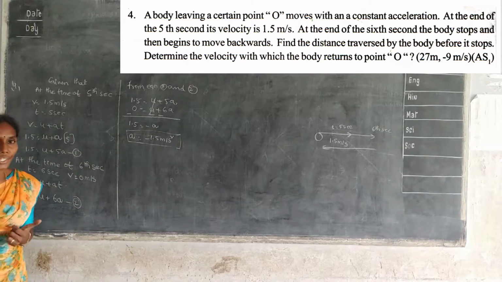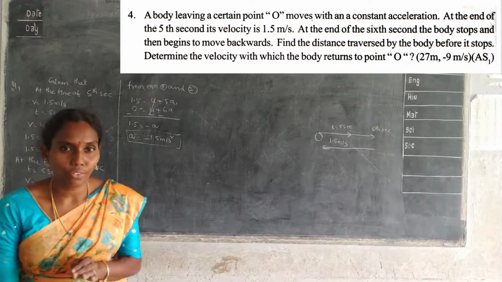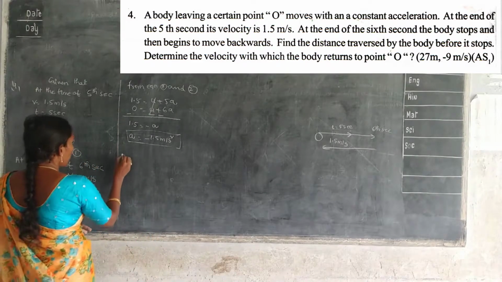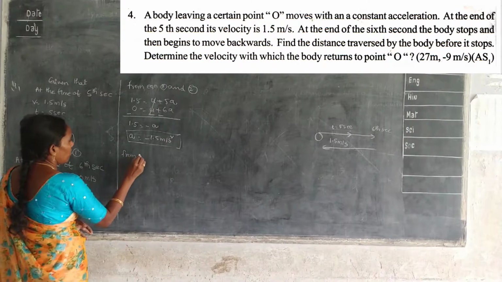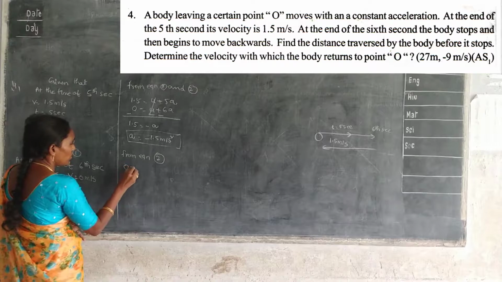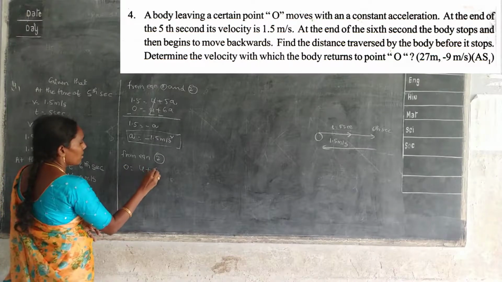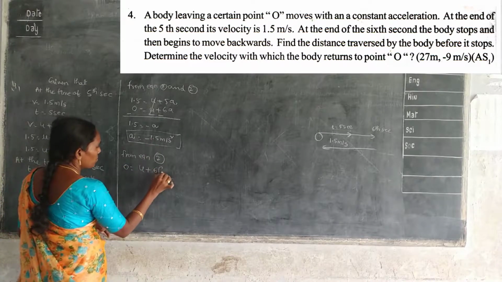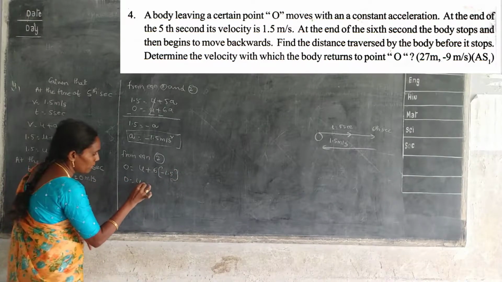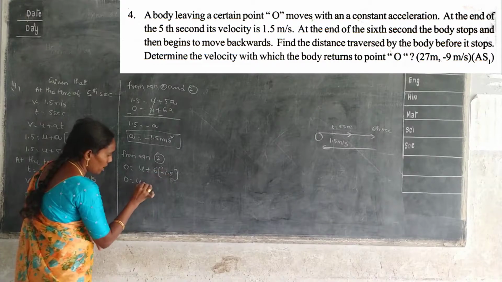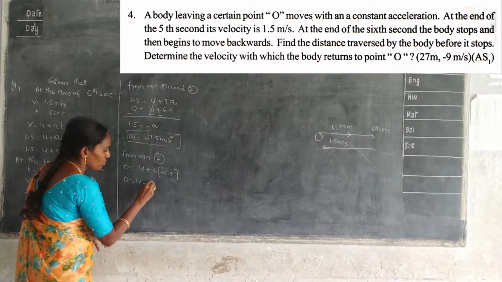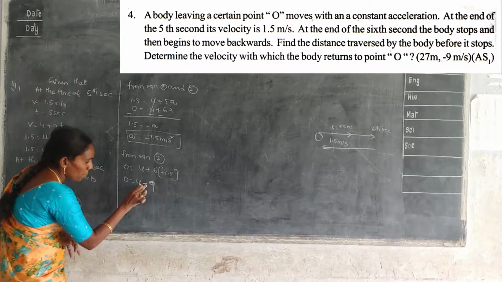Okay? Our intention is to find out the velocity of the body to return to the same point. Here from equation 2, 0 is equal to u plus 6 into a. a is minus 1.5, so 0 is equal to u minus 6 into 1.5, which is minus 9.